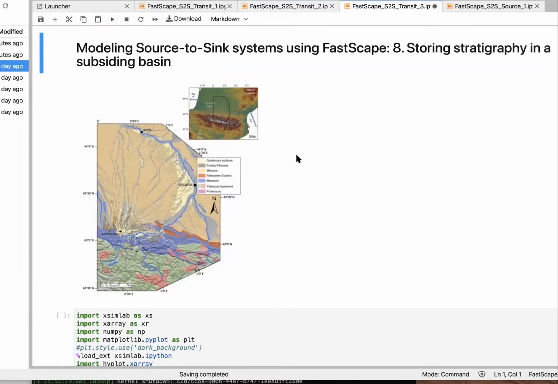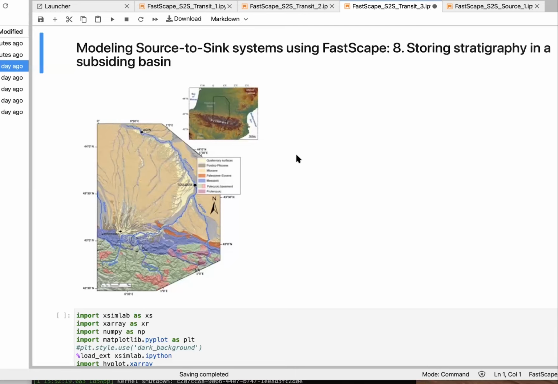What it does is remember the position of the topography in the past. But that topography, without putting stuff on top of it, gets buried. If you uplift something, it could be eroded away. So what it stores is the geometry of the topography in the past, like it would look today.